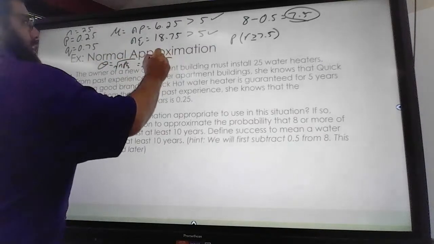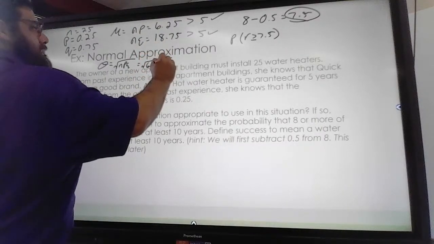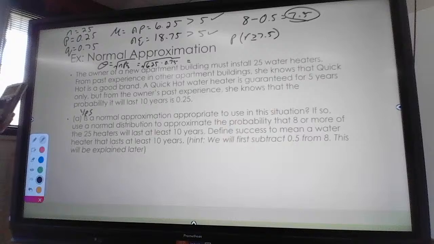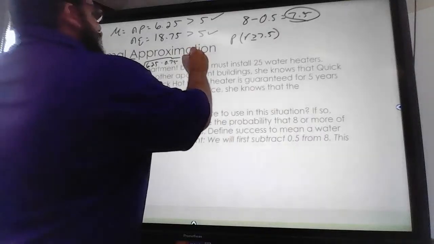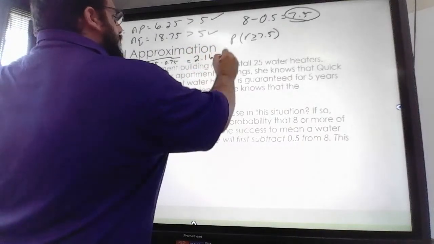We've already done np, q is 0.75, and we'll round to 4 decimal places like we did in the last section. So the square root of 6.25 times 0.75. I get a standard deviation of 2.1651.